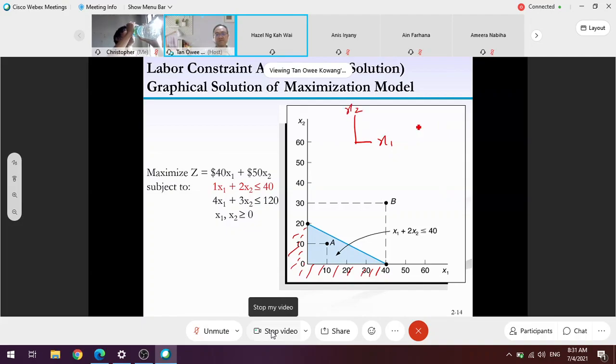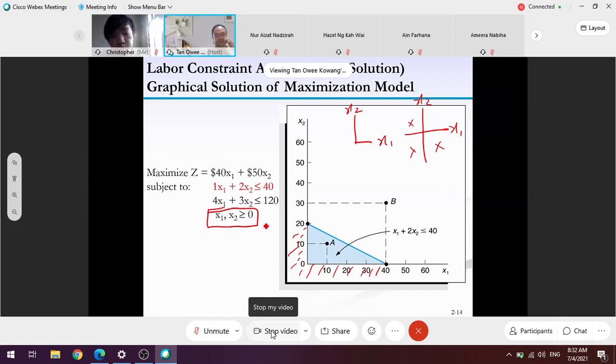Dekat sekolah, what you learn is like this, right? Why we ignore another 3 portions of the graph? Mengapa? X1, X2 bigger than 0. Exactly, Nazira. Okay, alright, done.